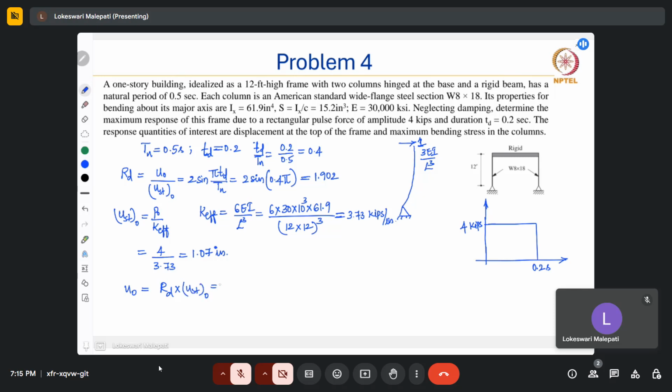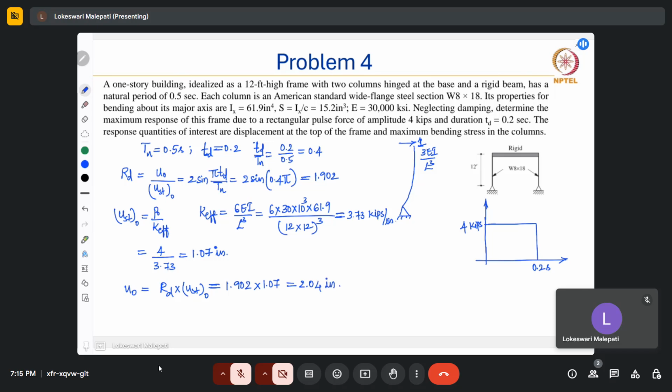So that is 1.902 multiplied by 1.07. That would be 2.04 inches.